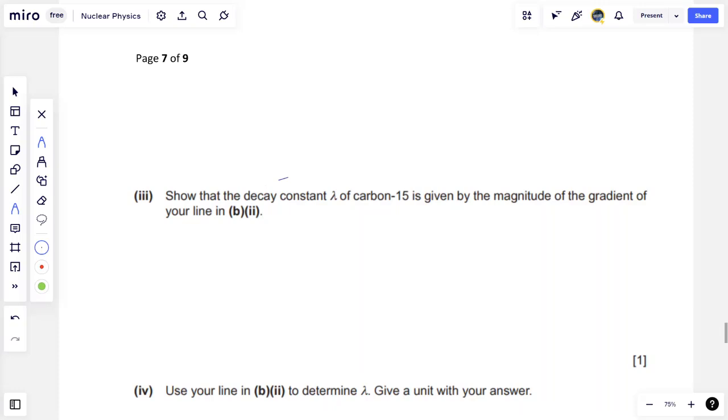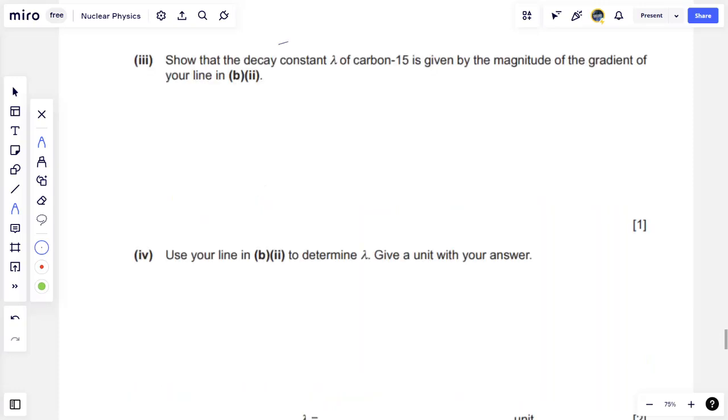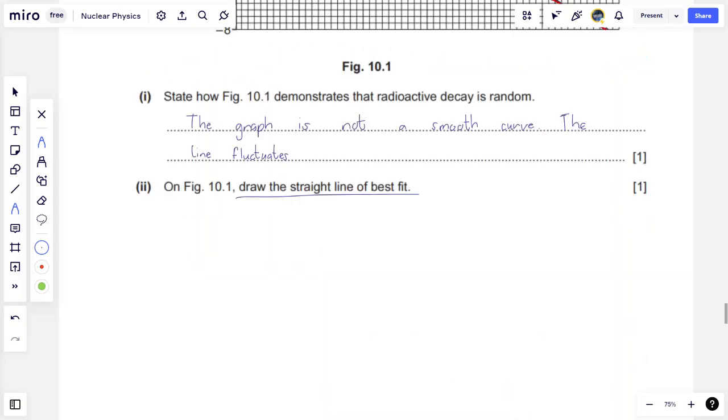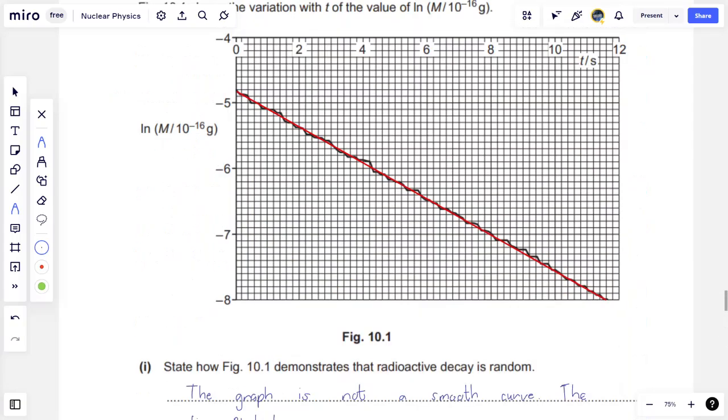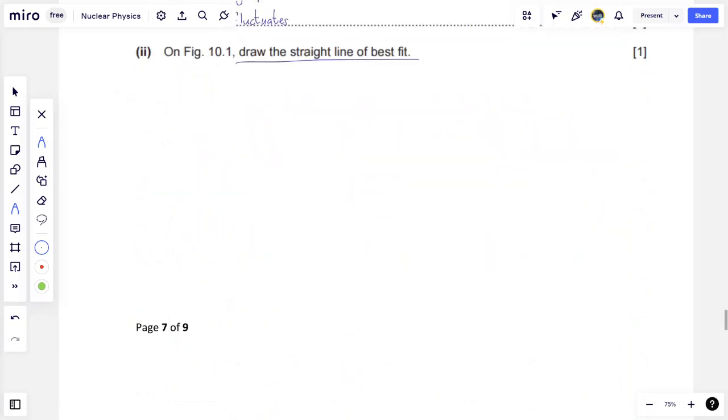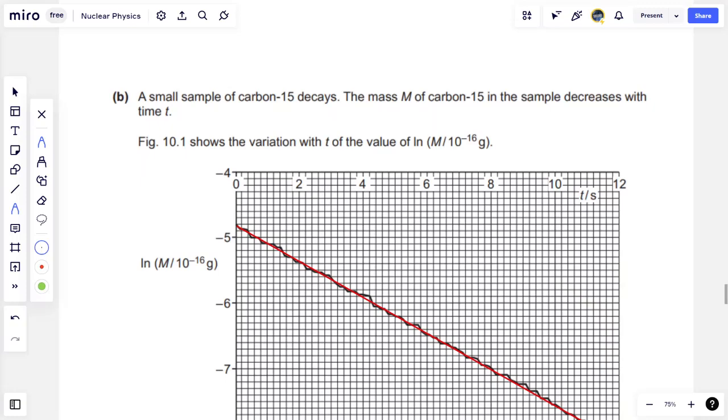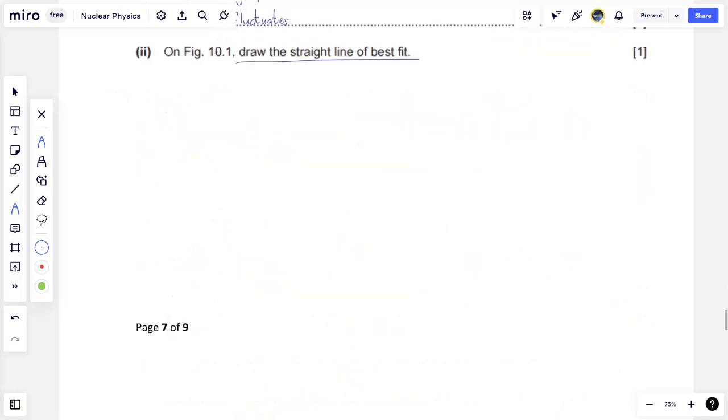Now it says to show that the decay constant lambda of carbon-15 is given by the magnitude of the gradient. Ooh, wait a minute. Magnitude of the gradient, how do I get lambda from the magnitude of the gradient? Well, I know that this is the mass decaying with time.